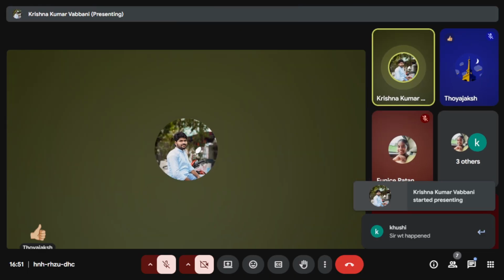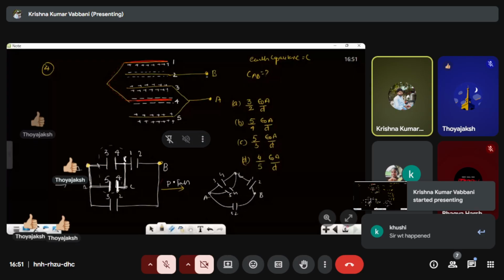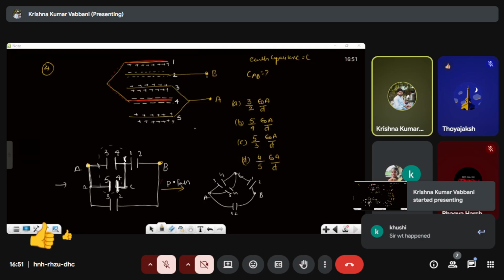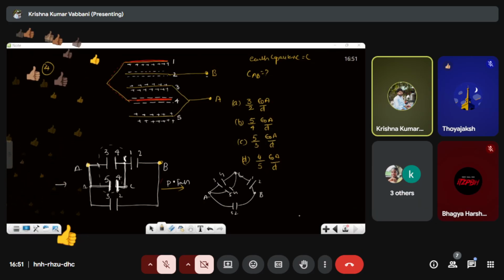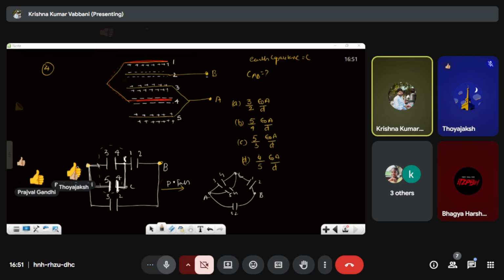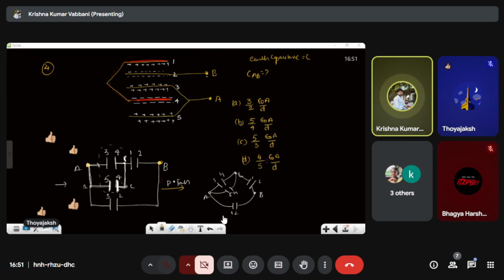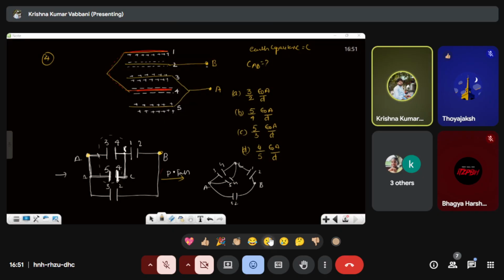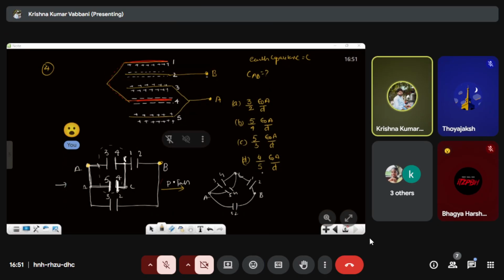Yes, is my screen visible? Right? Actually, there was no electricity and it got shut down. Again, electricity came back. Now my system is charging.